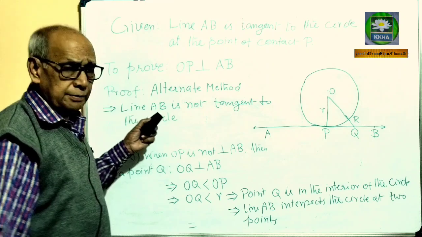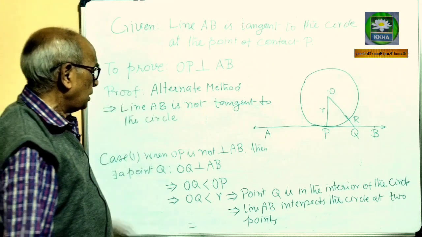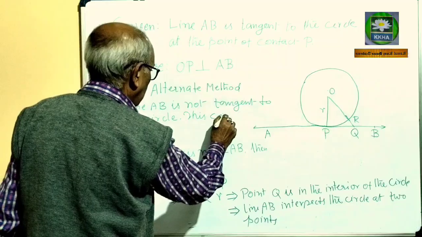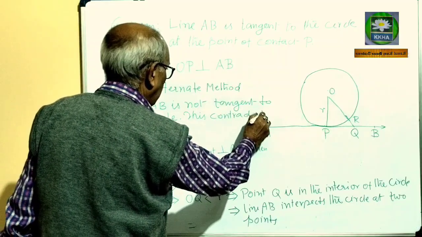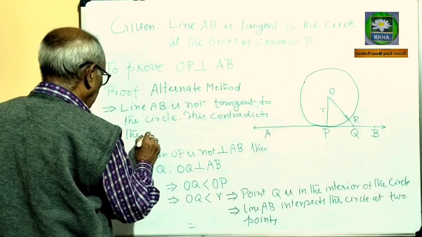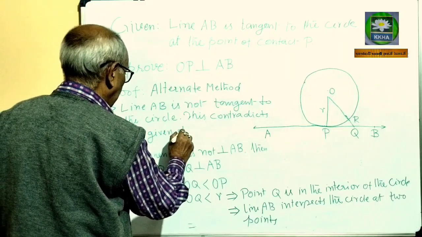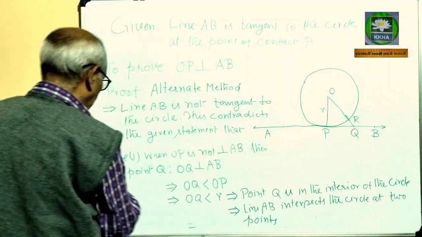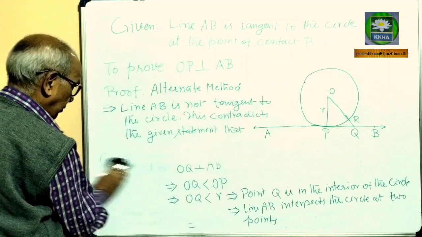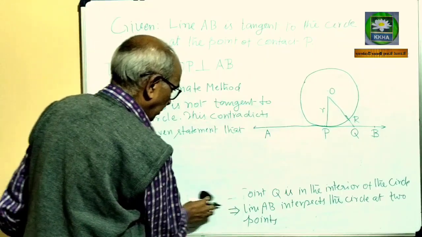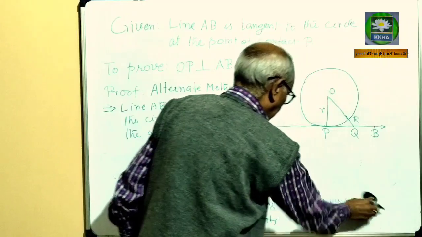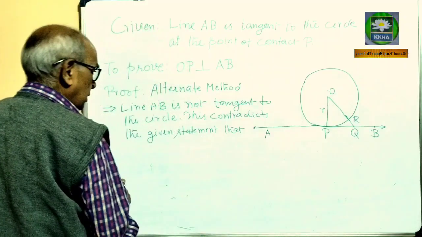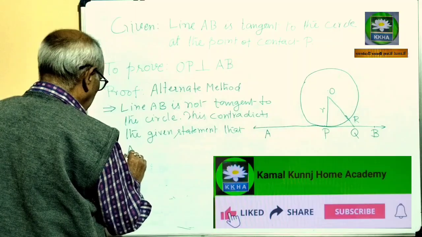But what is given here? Line AB is tangent to the circle. So this contradicts the given statement that AB is tangent to the circle.